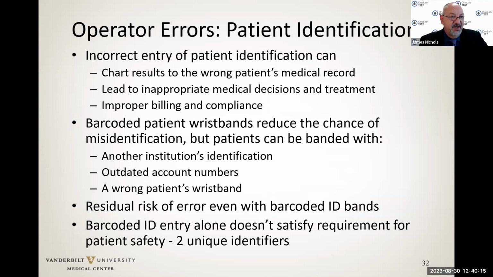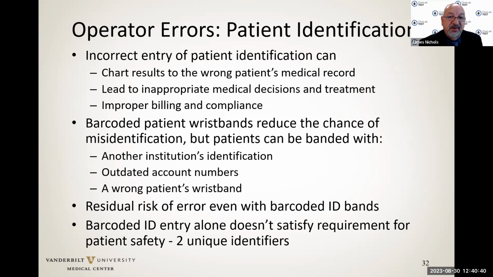What about patient identification? This is the most important because we can mix up patients and you can have incorrect entry of patient identification, which then charts the results to the wrong patient's medical record. This can lead to inappropriate medical decisions, treatment, improper billing, and compliance issues. Wristbands can really improve this, barcoded wristbands.